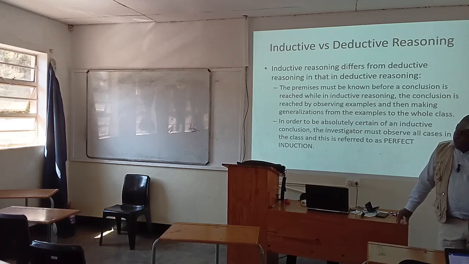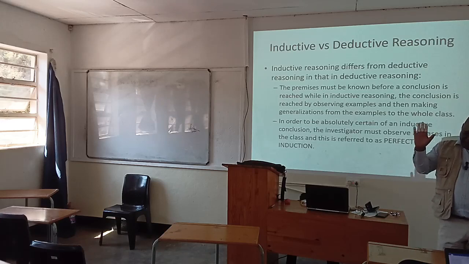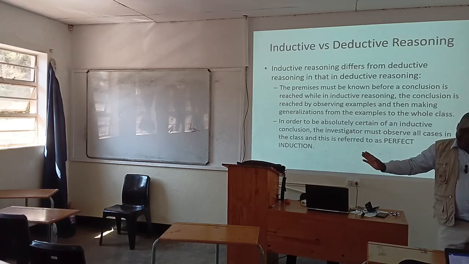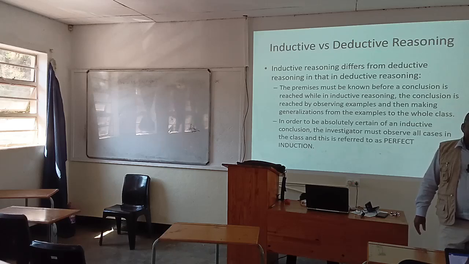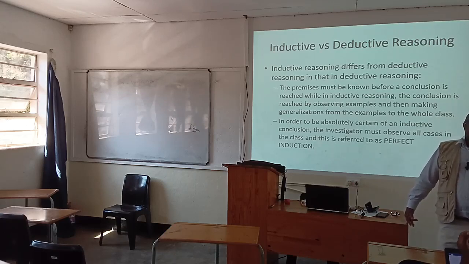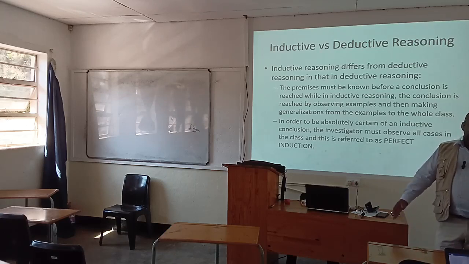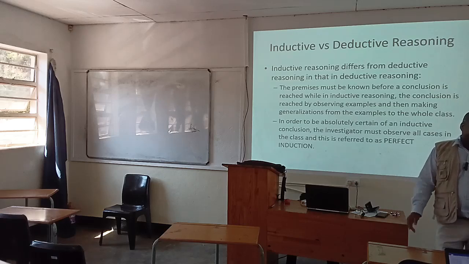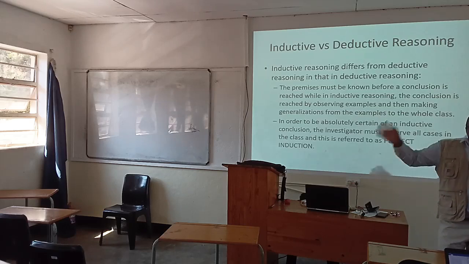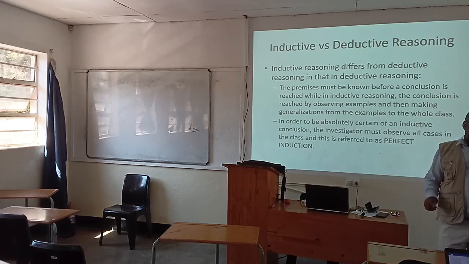For us to make a statement, even if we just limited the issue to human beings, that all human beings are warm-blooded animals, it means those who were born and died must be measured. Those who have not yet been born must be measured, and those who are existing today must be measured. For us to say that this statement is true and cannot be questioned.